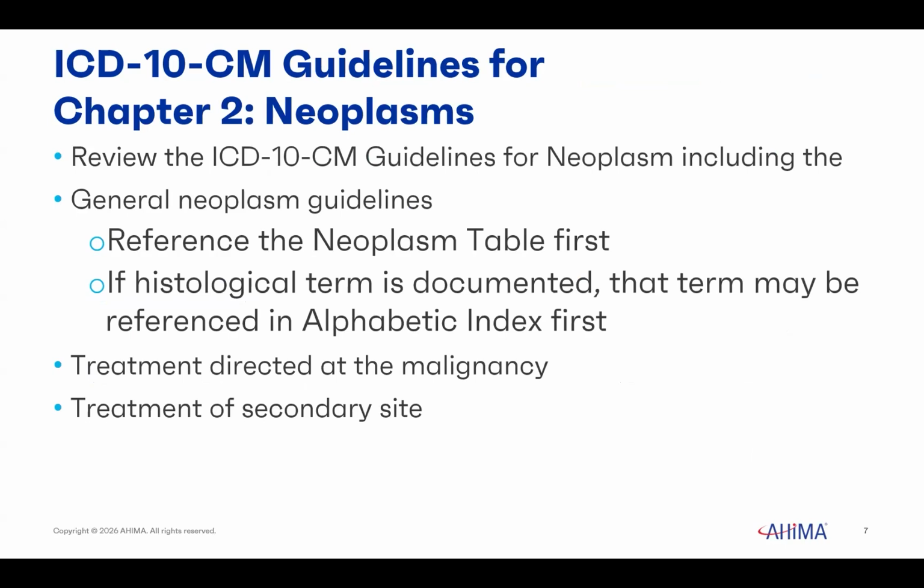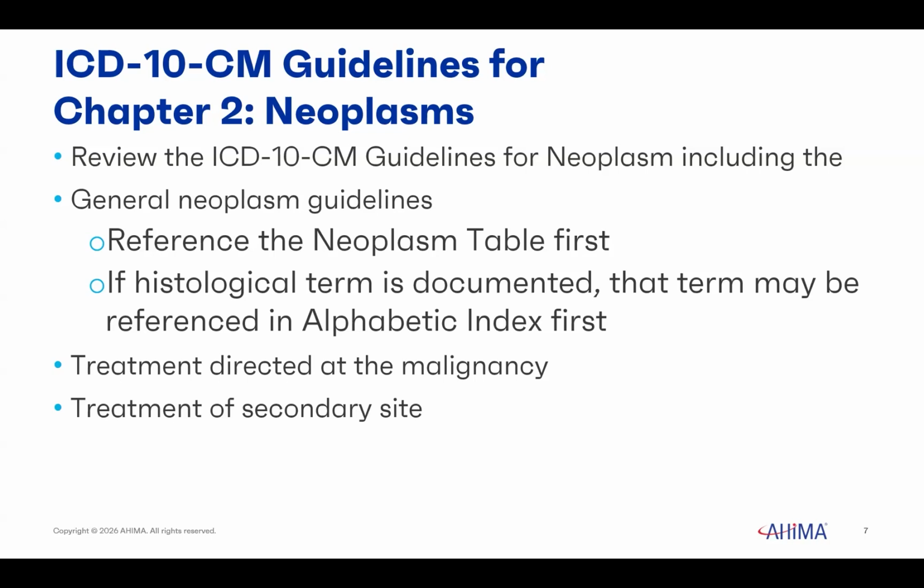There are a whole lot of guidelines, and you'll see these in the textbook and also in the front of chapter 2. The general neoplasm table guidelines are as follows. You want to reference the neoplasm table first, and we'll get into how you can find it and what you do with it when you do find it.